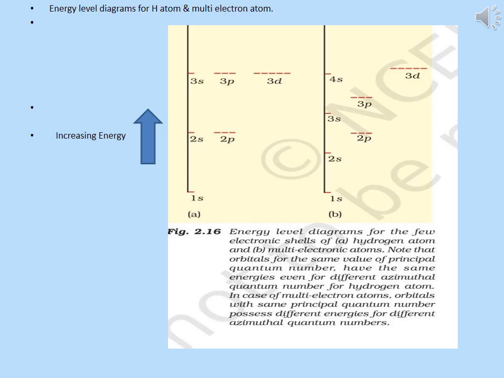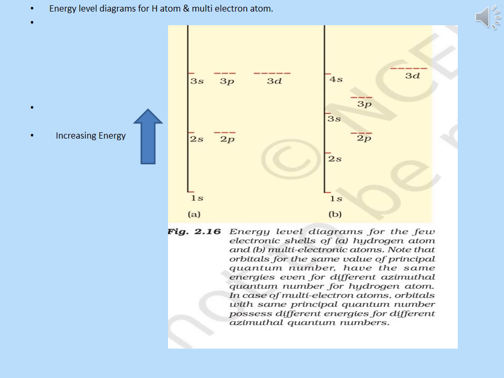Both have the same energy for hydrogen atom. But if you look at multi-electron species, say for example lithium, helium, beryllium, etc., look at the positions. The energy of the 2p orbital is higher than that of the 2s orbital, or the energy of the 2p subshell is greater than the 2s subshell.